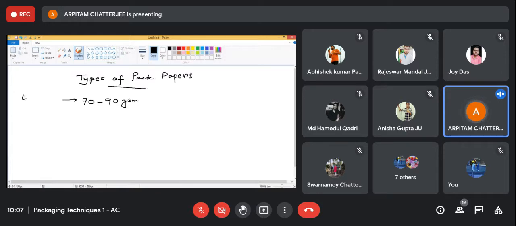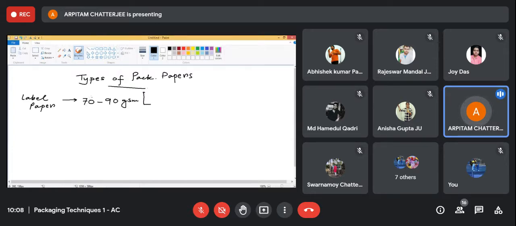We'll call it label paper, and the major reason for using sulfite stock is the whiteness. Sulfite stock gives a very good degree of whiteness, which gives a much more convenient way to print, because if your surface is white in color, you can use just a single color of ink to print your entire thing.